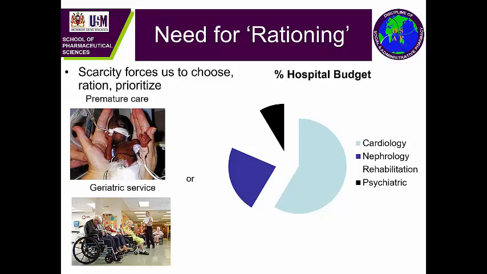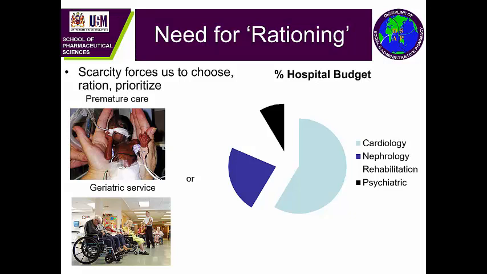And there is nothing more real, more close to us than the scarcity in healthcare. So the scarcity of resources in healthcare forces us to choose, ration and prioritize what we need to treat, what we need to do in healthcare.